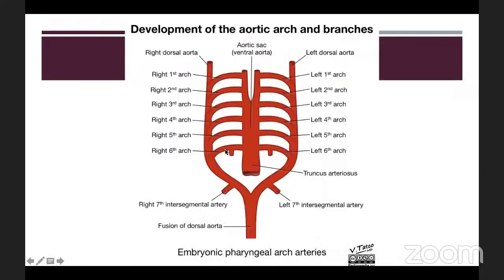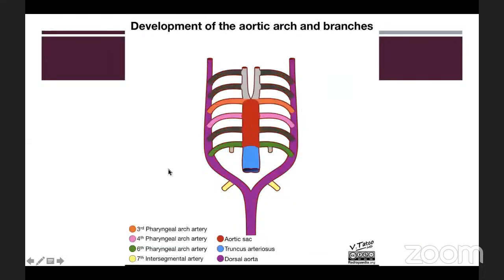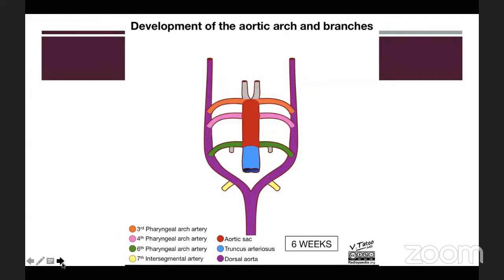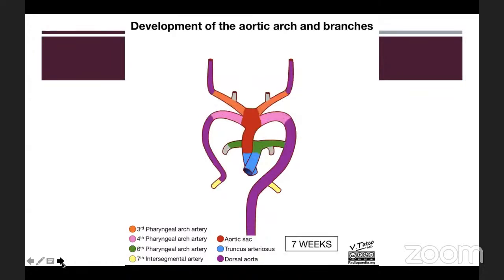Here we can see clearly the sixth arch. The first, second, and fifth disappear early. The third becomes the carotid, and the fourth becomes the subclavian and part of the arch, and the sixth becomes the pulmonary arteries. You can see here.